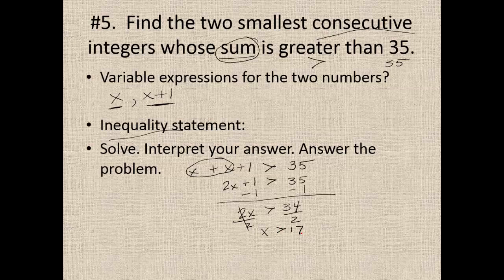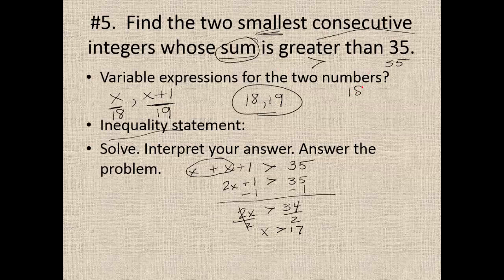So it can't be 17. x is any number bigger than 17. So it could be 18, right? We're looking for the smallest consecutive numbers. So 18 is the smallest that x could be. So 19 is the smallest that x plus 1 could be. And those should be our two consecutive numbers whose sum is greater than 35.